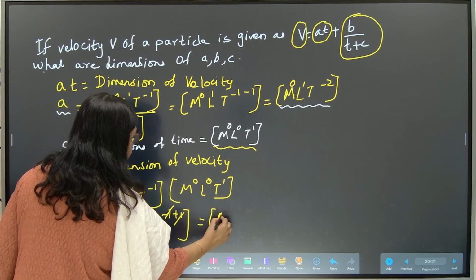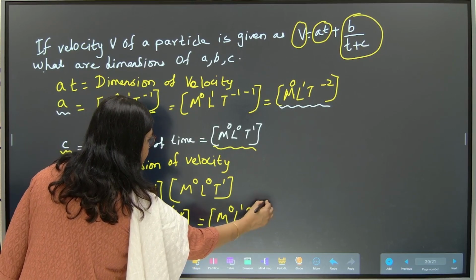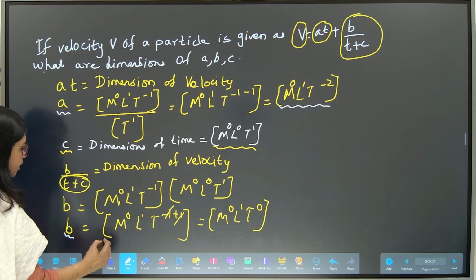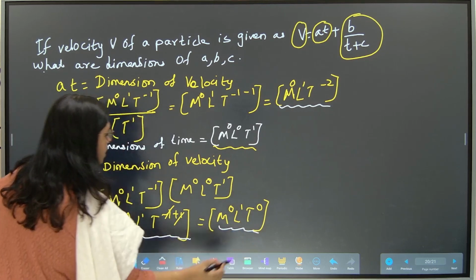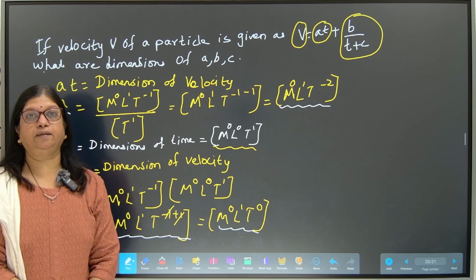M raised to 0, L raised to 1, T raised to 0. This is my dimensional analysis for B. So I got A, then C, then B. This is what is asked of me.